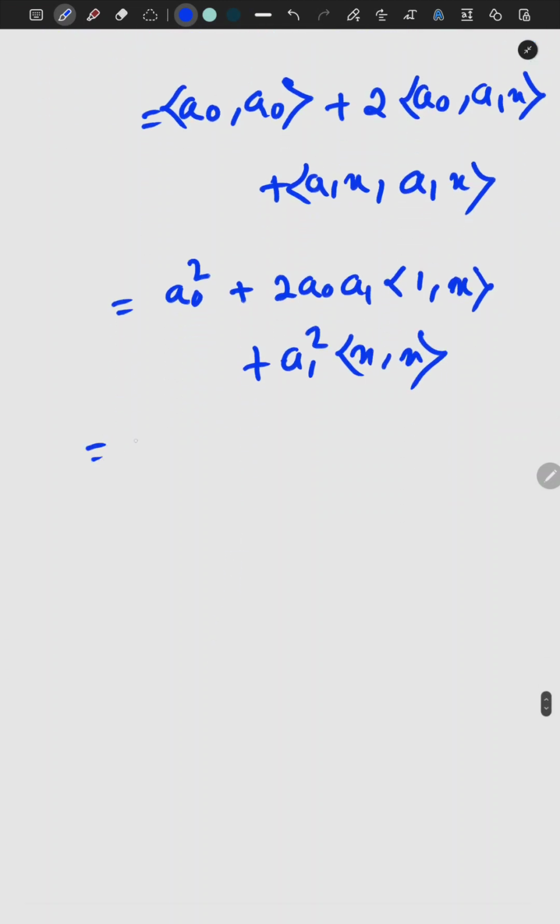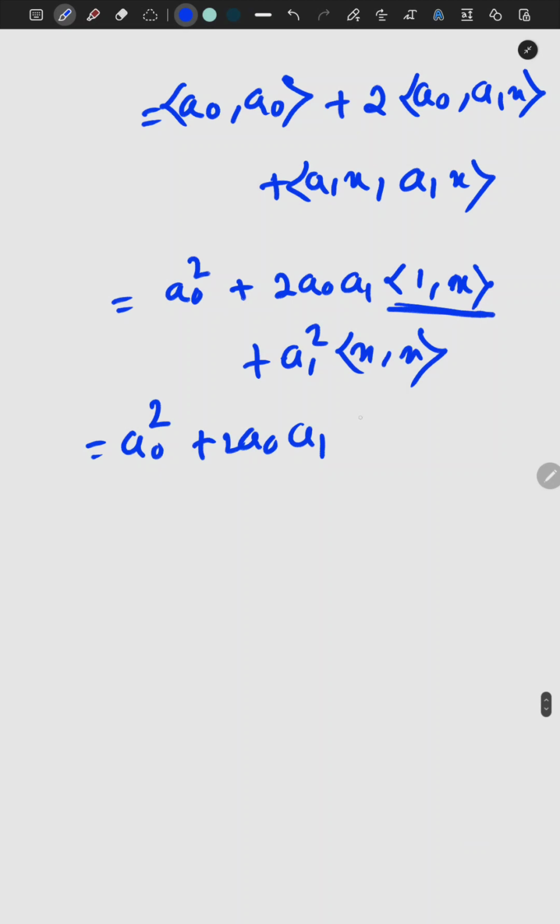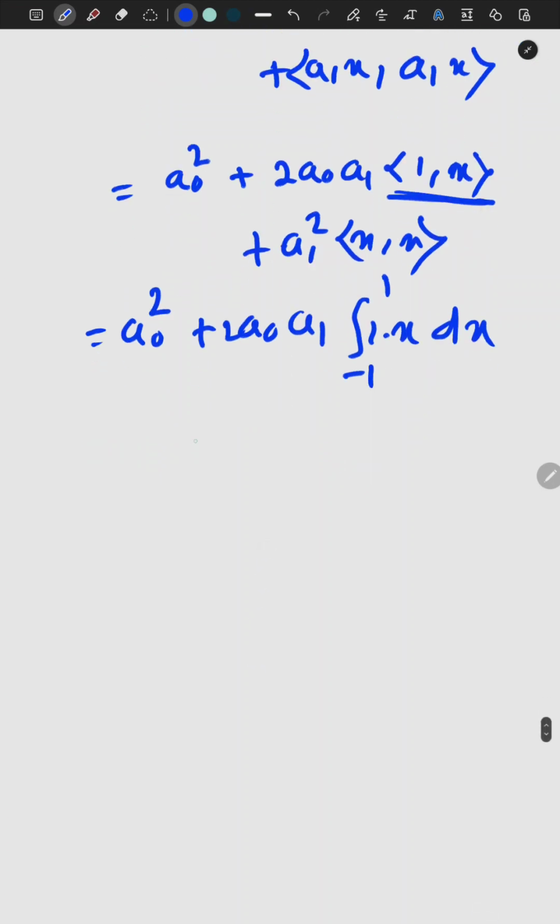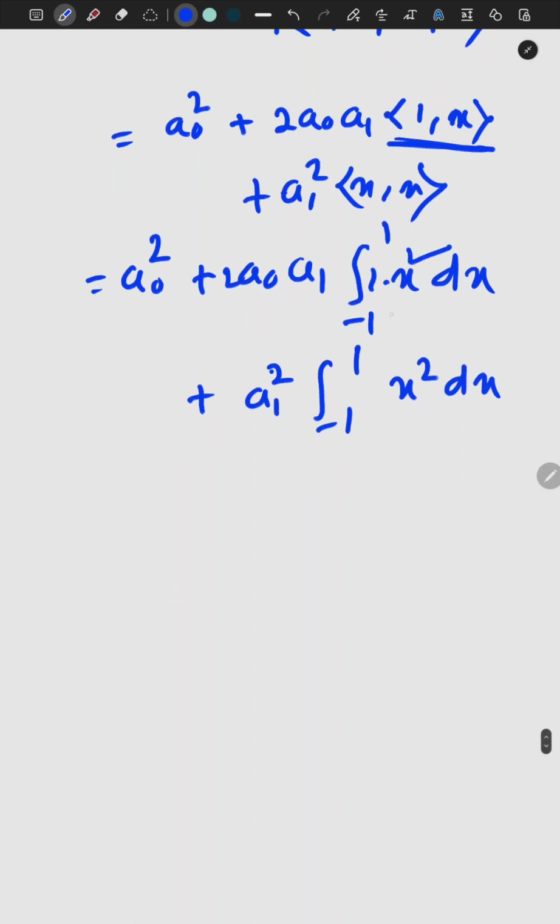Now we'll calculate a naught square plus 2 a naught a1. It gives the integration from minus 1 to 1 of 1 into x, that is x dx, and a1 square times the integration from minus 1 to 1 of x square dx. But x is an odd function and the integration is from minus 1 to 1, so this term vanishes.